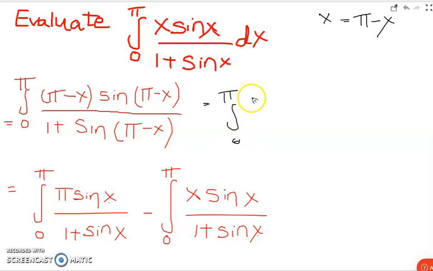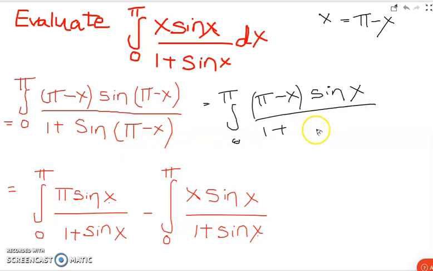Sin of 180 minus theta is the same, sin x, so we get pi minus x, sin x by 1 plus sin x.